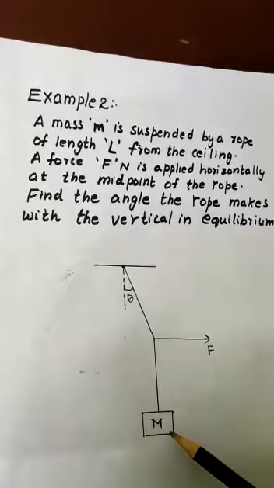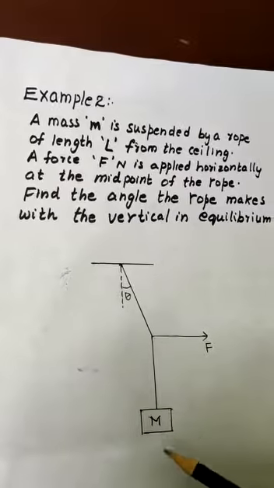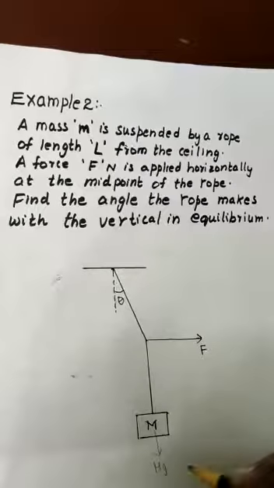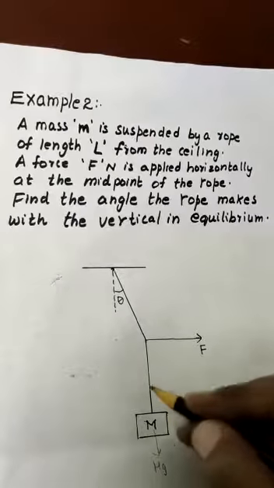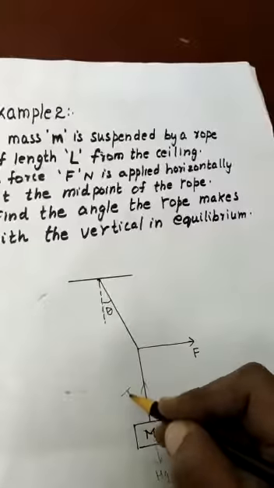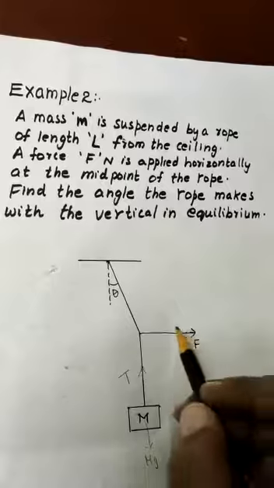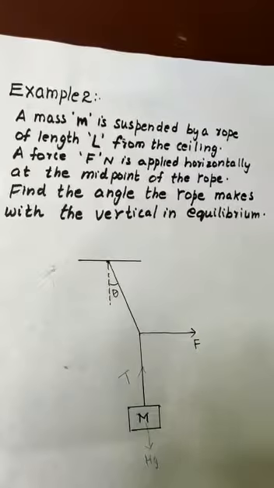The block M has its weight acting vertically downwards, mg, and there is a tension acting along the string. Now the force F is horizontal, so it doesn't have any other component.